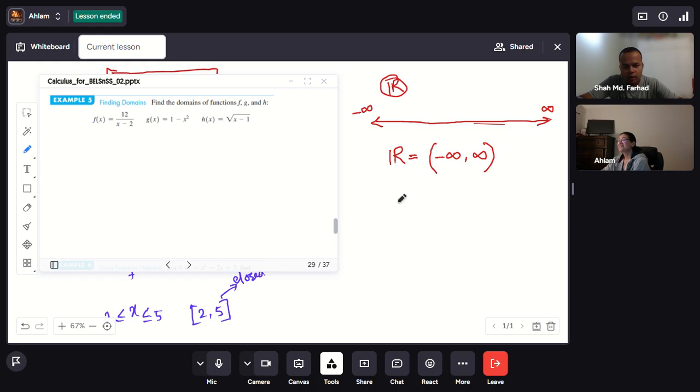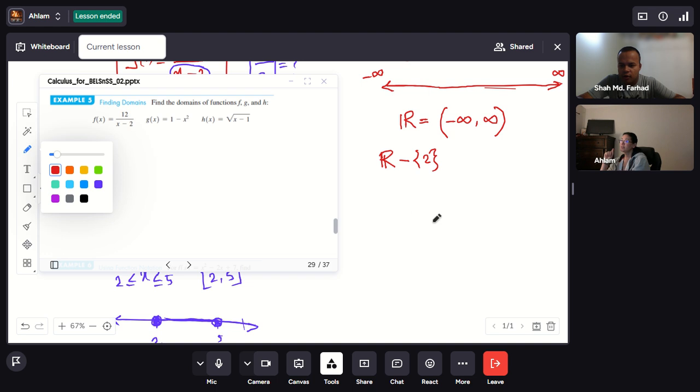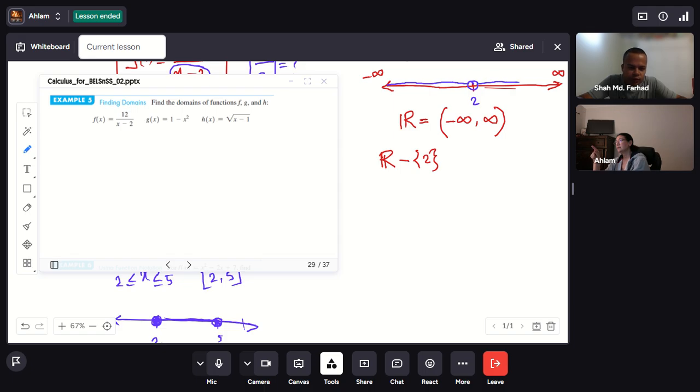Now we got the domain, that is all real numbers except 2, right? How can we rewrite this using brackets? It will be negative infinity up to 2, then from 2 to positive infinity.